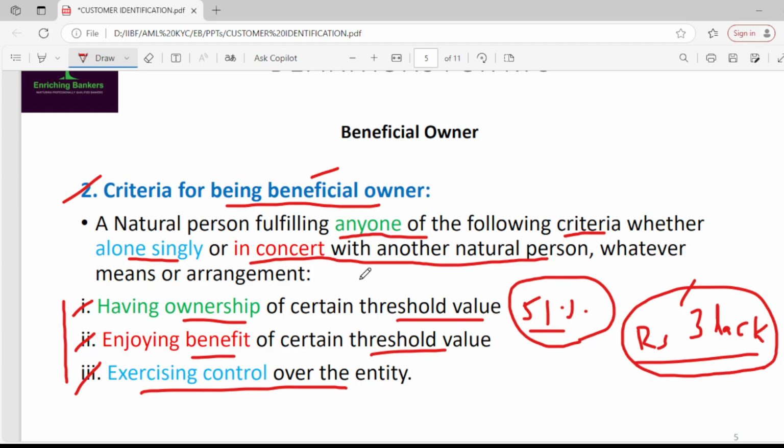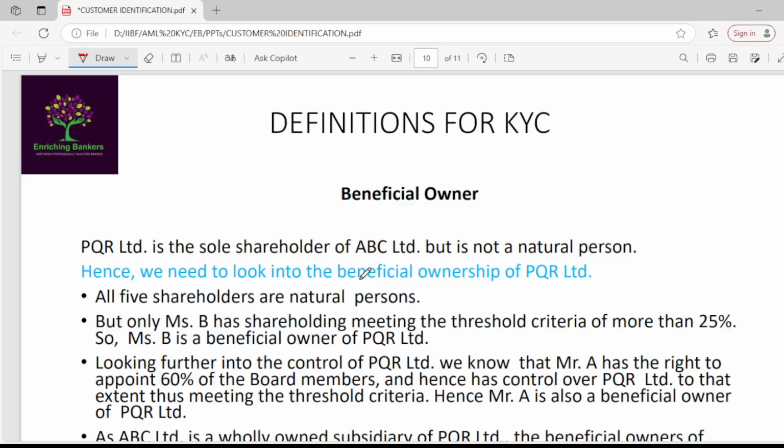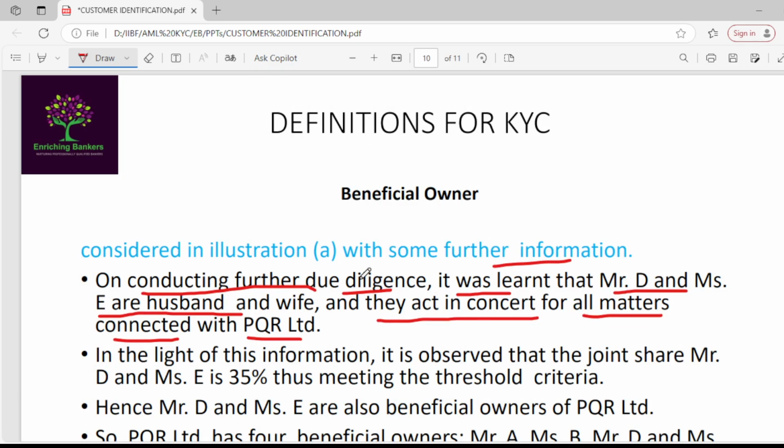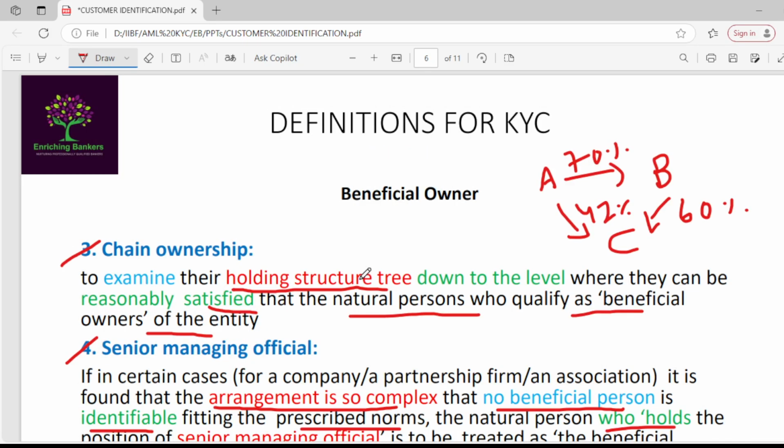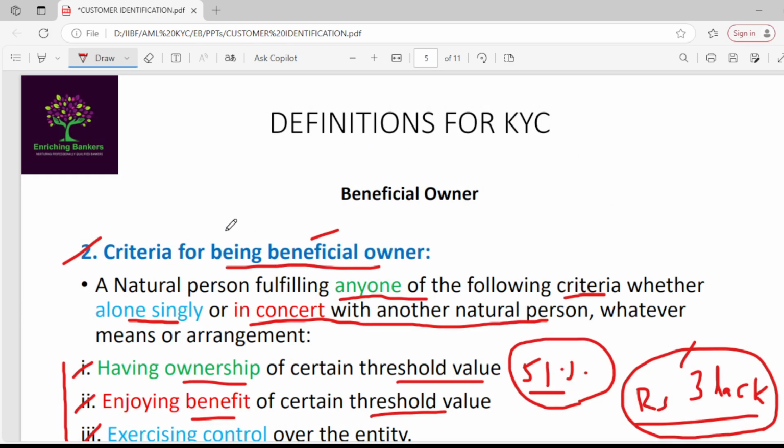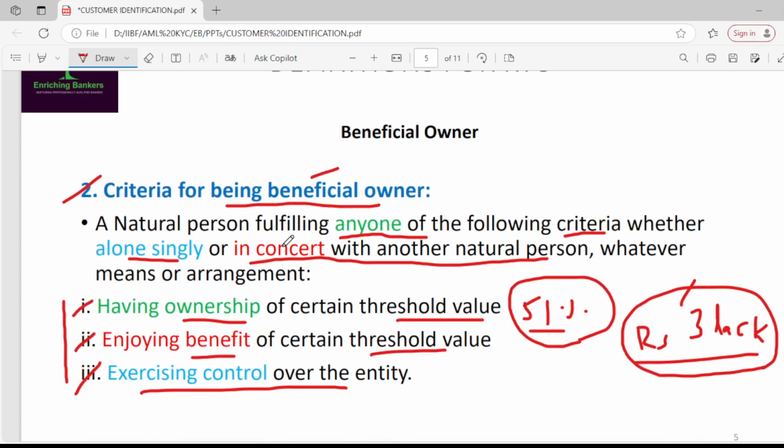So Mr. D and Mrs. E satisfied or fulfilled the ownership of a certain threshold value in concert with another natural person.